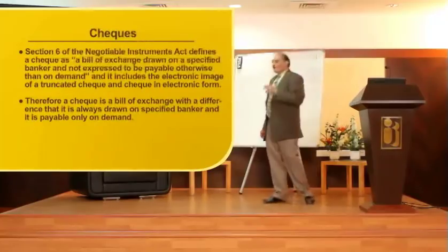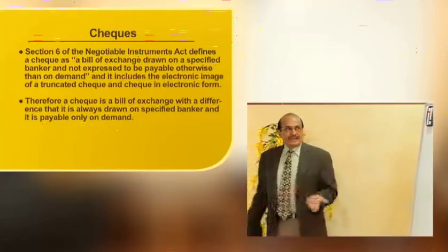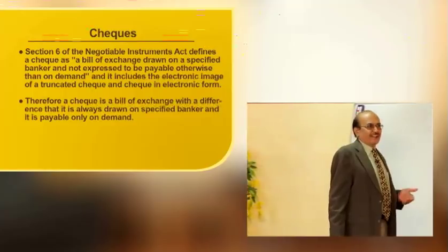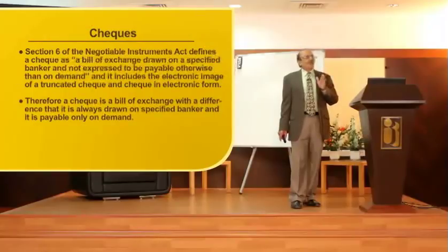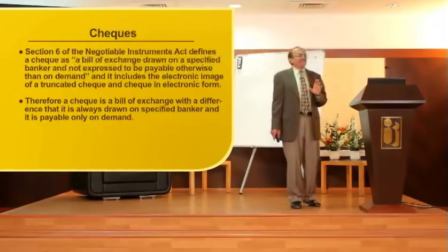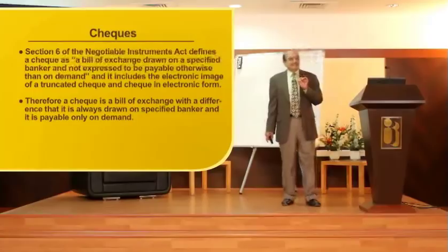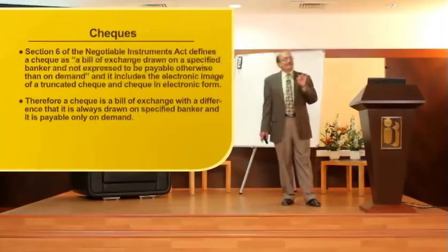Let us move forward and see what we understand by a check. Section 6 of the Negotiable Instruments Act defines a check as a bill of exchange drawn on a specified banker and not expressed to be payable otherwise than on demand. So a check is drawn on a specified banker.